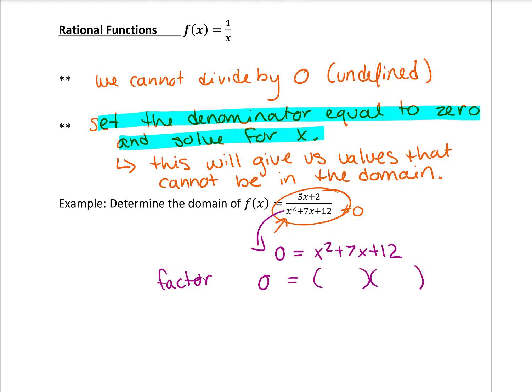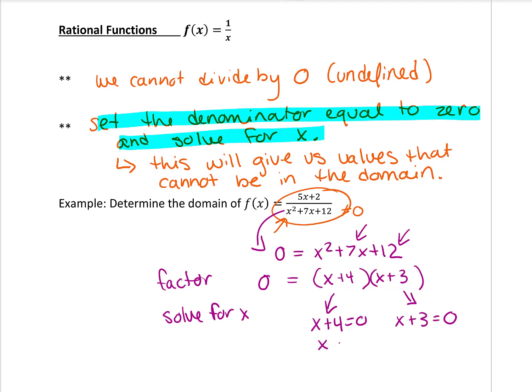So when we factor, we're looking for numbers that multiply together to get 12, and those same two numbers have to add together to get 7. And then we're going to solve for x. So we take each parentheses and we set it equal to 0.